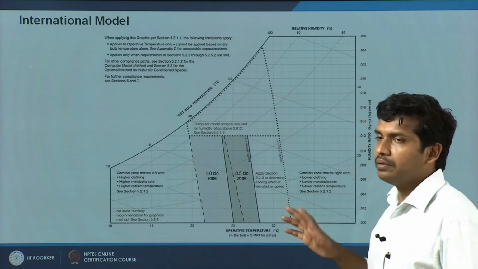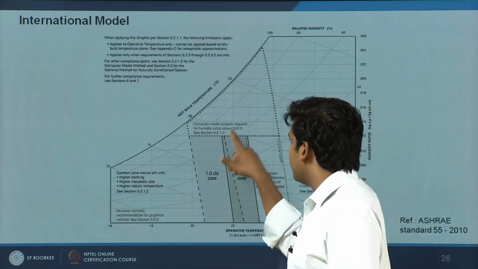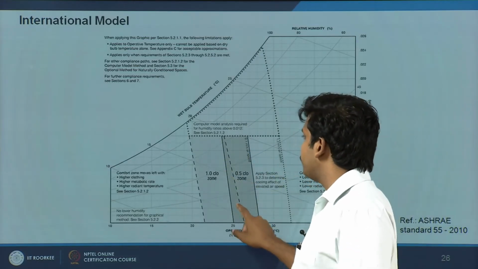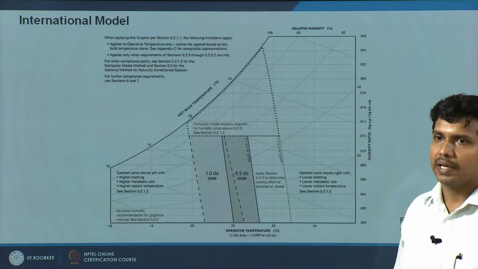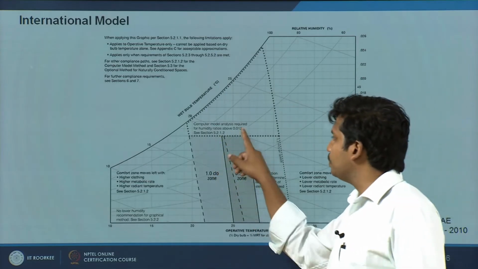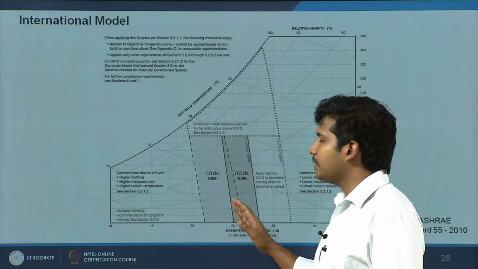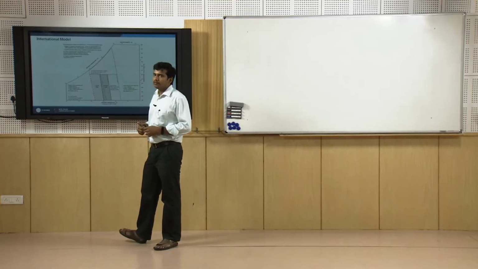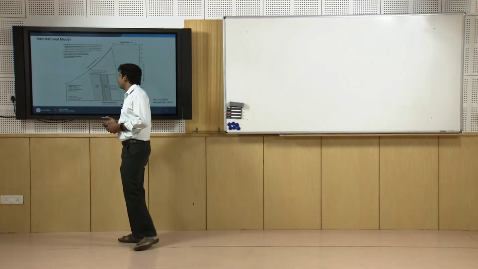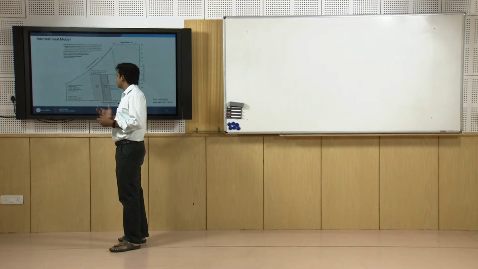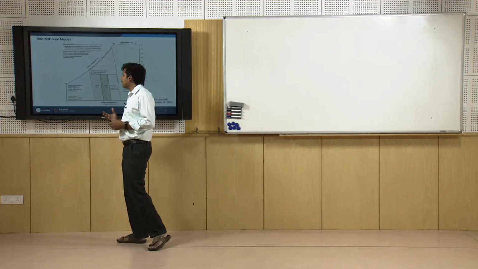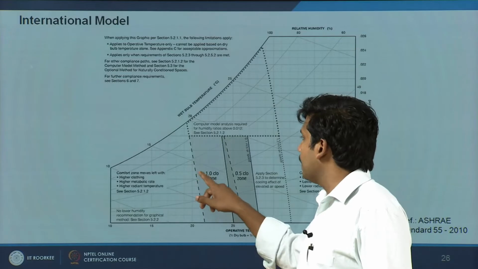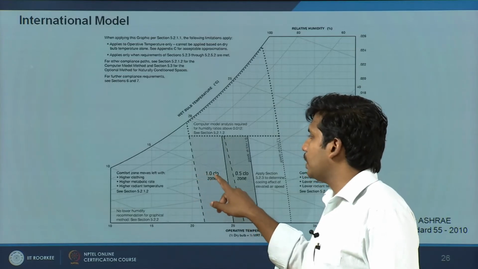This is the international scale; we will come to applicability later. This is the comfort zone with a 0.5 clo value, a light summer wear. What happens when you put on slightly thicker clothes, not to the extent of a total blazer, but more or less like office suits, with close to 1 clo value?